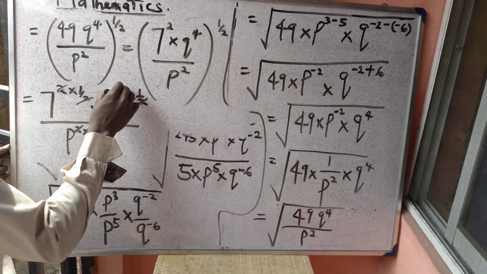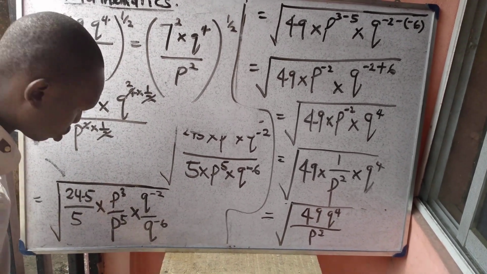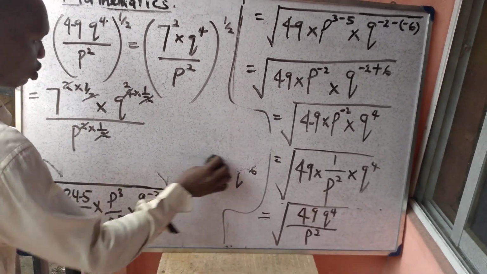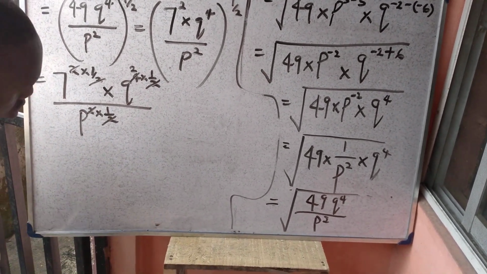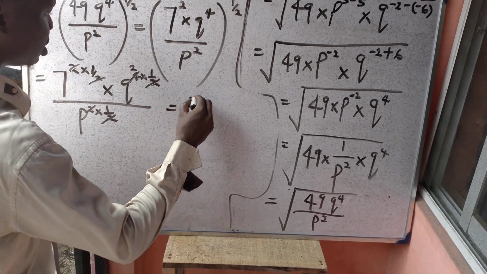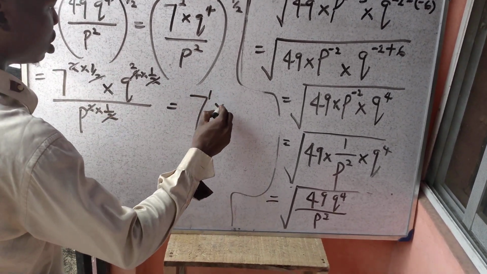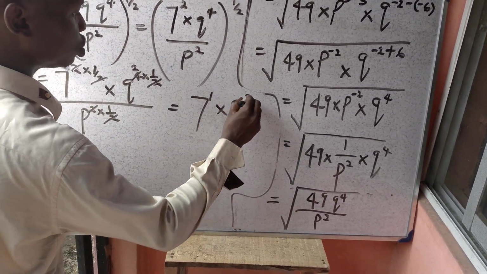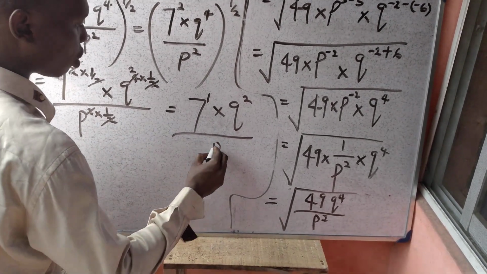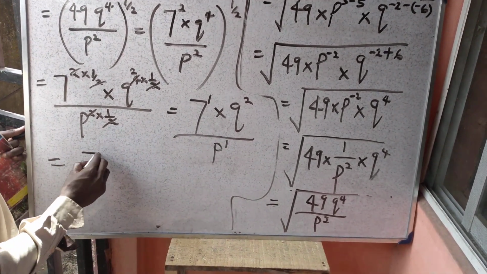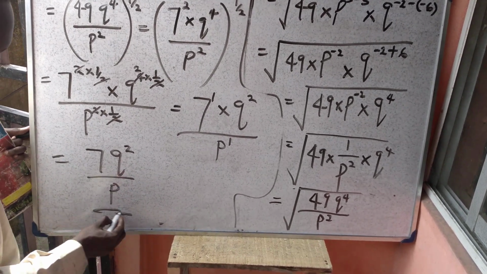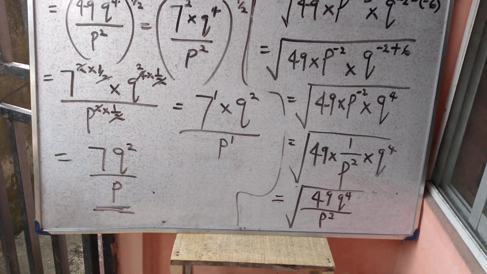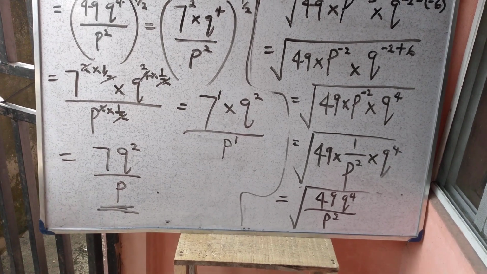This going to 4 is 2. Okay. So finally, we're having 7 raised to power 1 times q raised to power 2 over p raised to power 1. So your answer is 7q squared over p. That's the final answer, 7q squared over p.